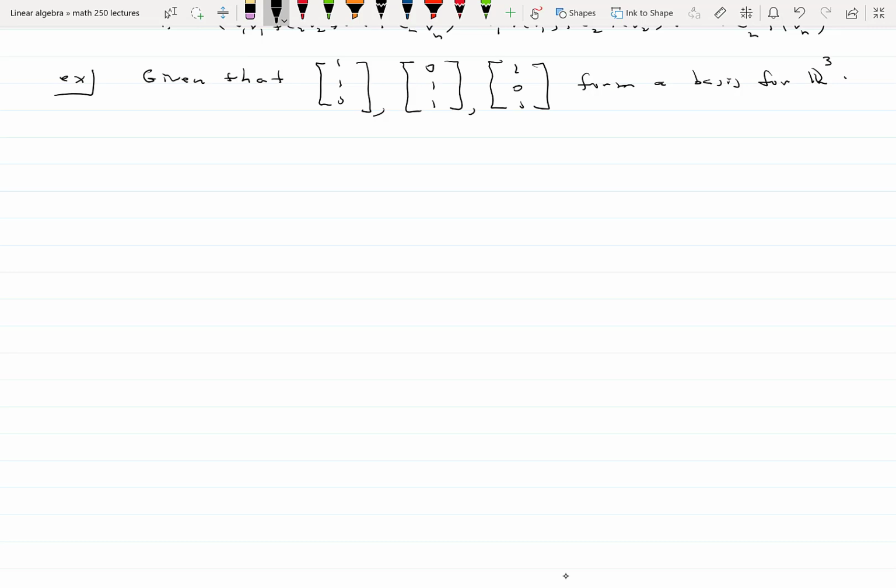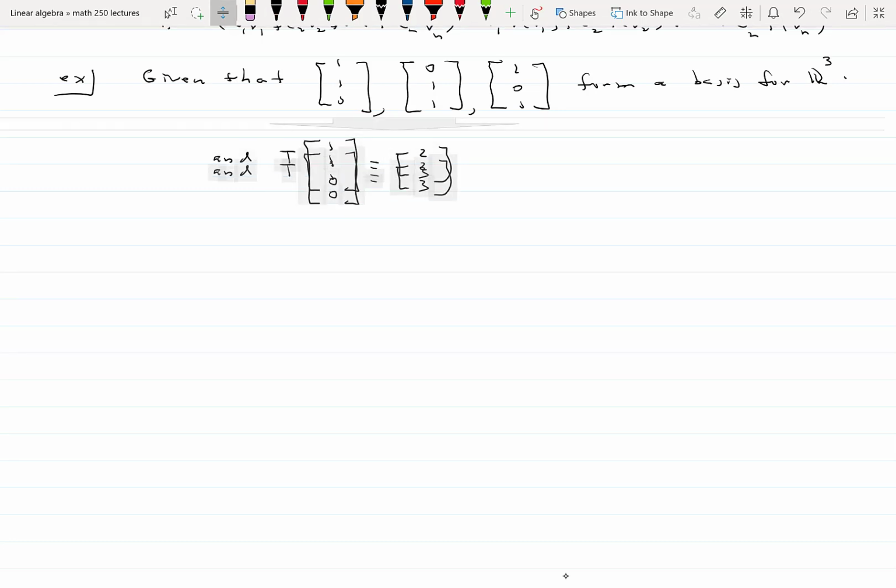Also given is that our linear transformation T takes the first basis vector into the vector (2, 3). So I should preface this with, what is this T?